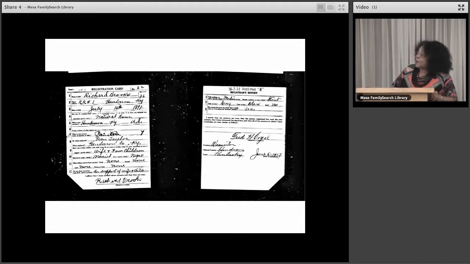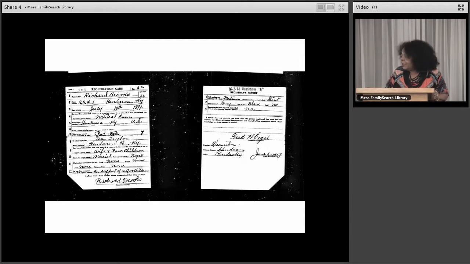This is my grandfather's World War I draft registration. Richard Brooks, he was not a junior. His dad was Richard Sr., the one that was in the Civil War. He gives his address, his date of birth, and says he was naturally born an American. His occupation was a painter.